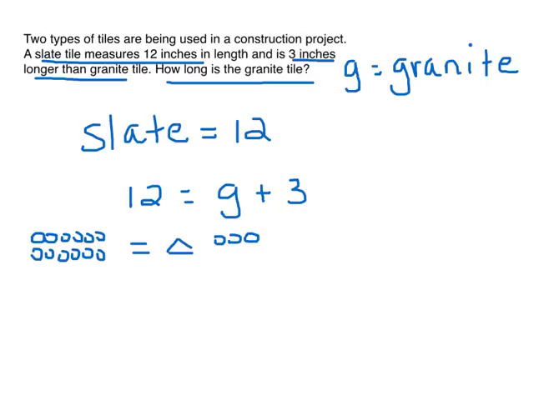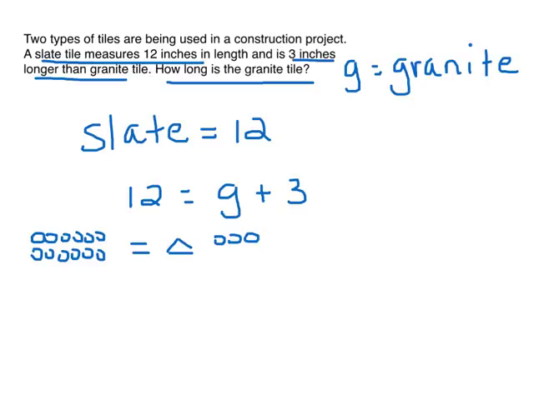Now I need to simplify. If I'm looking at this, I can easily see that I want to get my variable by itself. So I want my triangle by itself, so I need to eliminate these. Whatever I do to this side, I must also do to this side.